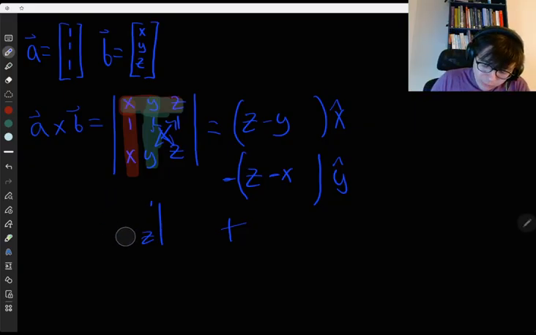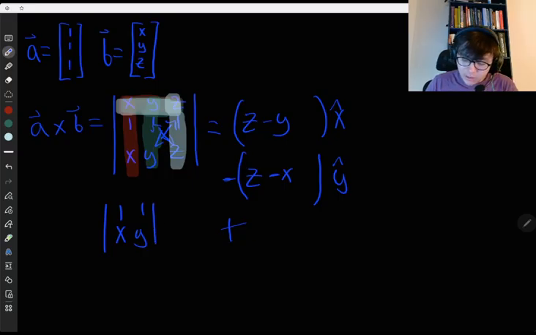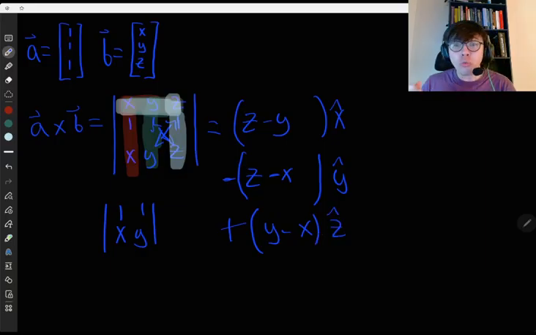And so let's do it finally for that one. So we're going to get the 2 by 2 determinant, 1, 1, x, y. And so that gives us y minus x, z hat direction. And so you just computed the cross product, right?